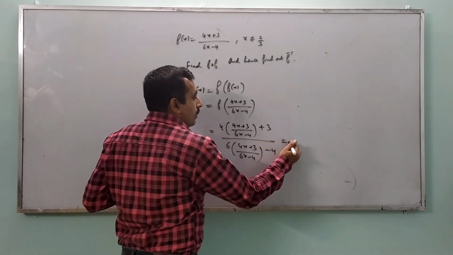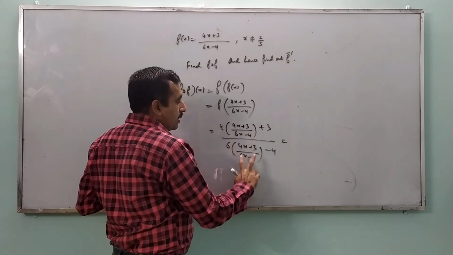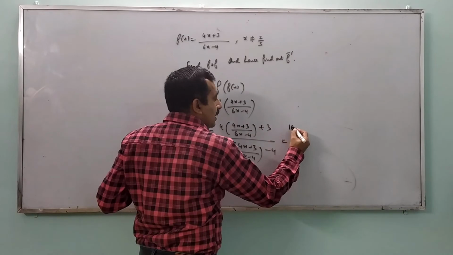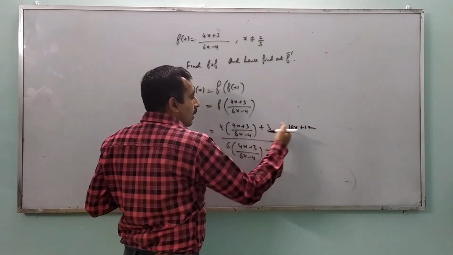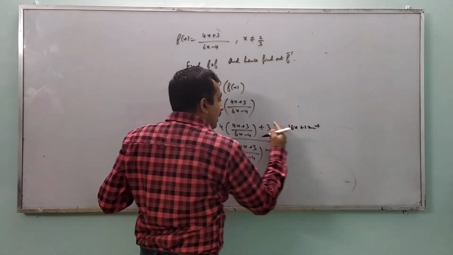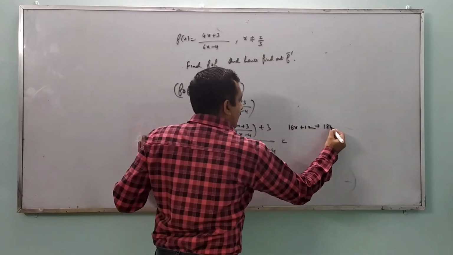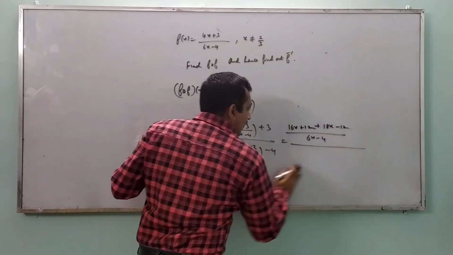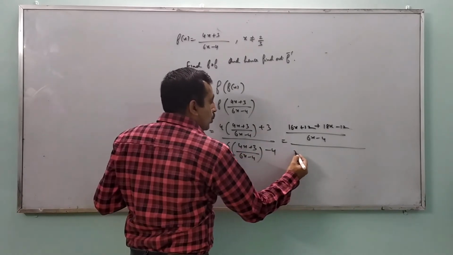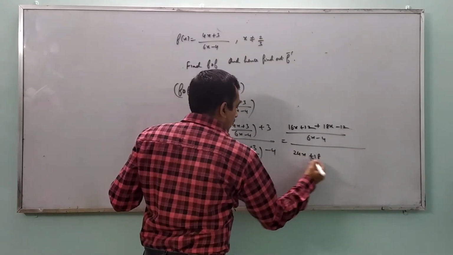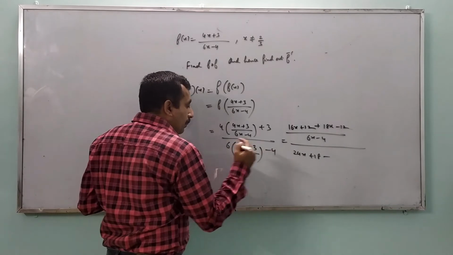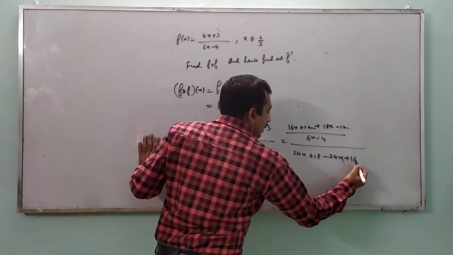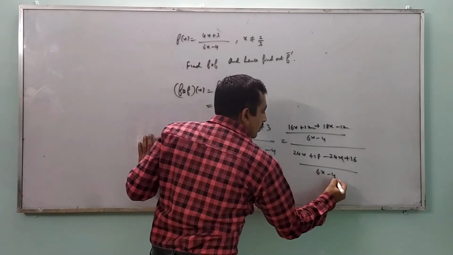Let us take the LCM. The LCM is 6x minus 4 in both. When I take the LCM, the numerator is 16x plus 12 plus 18x minus 12. In the denominator, it is 24x plus 18 minus 24x minus 16, divided by 6x minus 4.